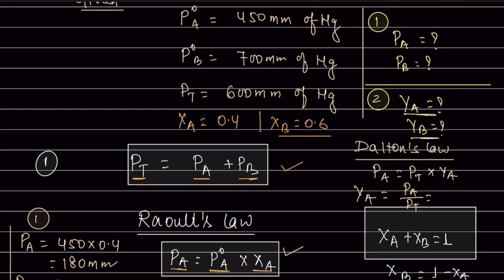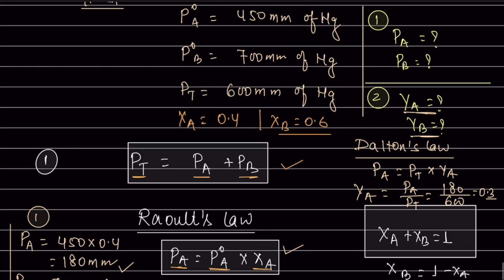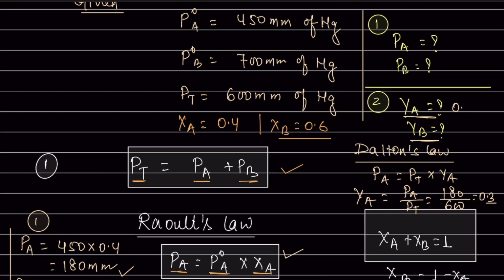Pa we got as 180 mm. So 180 divided by total pressure 600 is equal to 0.3. So this value is 0.3. What about Yb? Yb is equal to 1 minus Ya, 1 minus 0.3 is equal to 0.7. So this is the answer of this question.